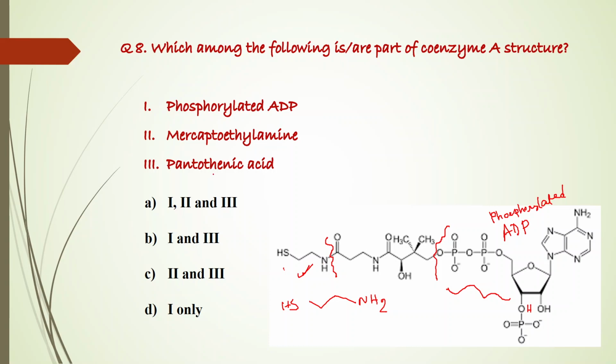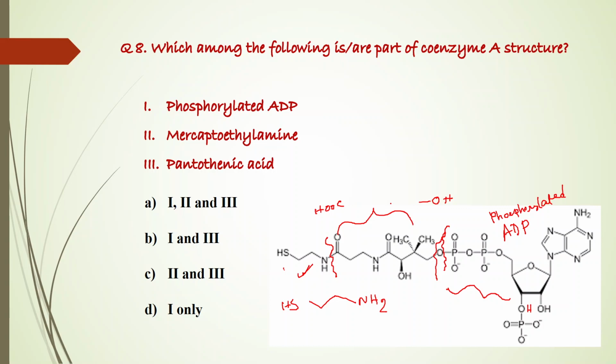And the last part, that is pantothenic acid. Now if you look at the structure of pantothenic acid, after this breakage you will have a COOH group here, and if you break here, then at this side you will have OH, and in the middle this group will be fixed.